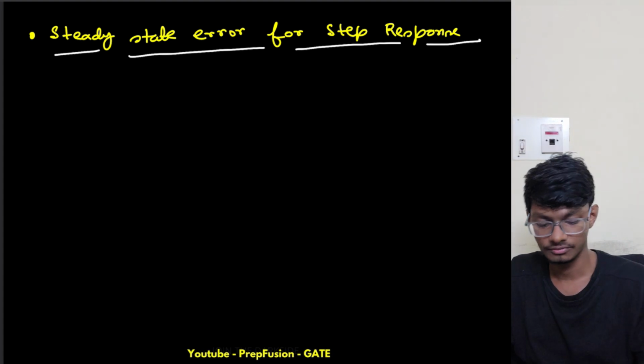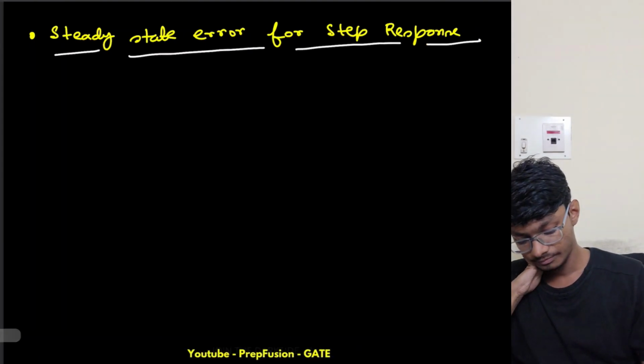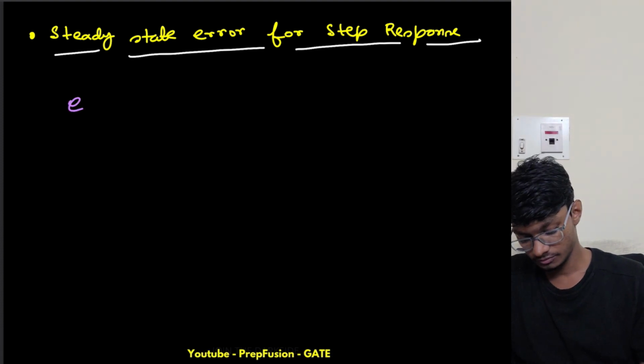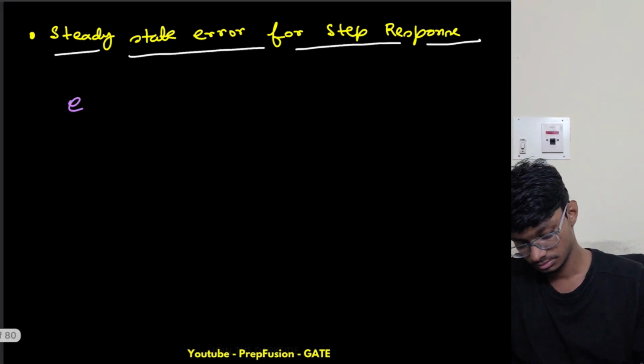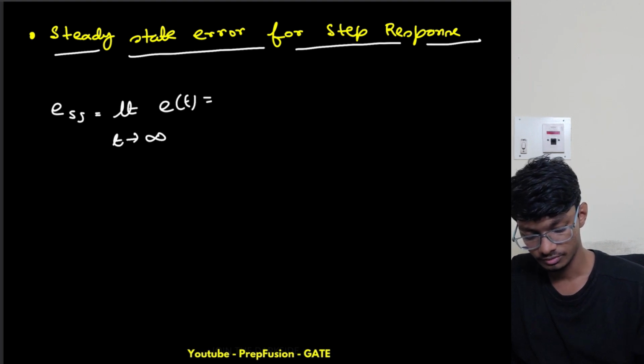So what is the steady state error for step response? So basically ESS equals limit, I will find the time domain and the frequency domain also, as t tends to infinity E of t, right? So what is E of t equal to?